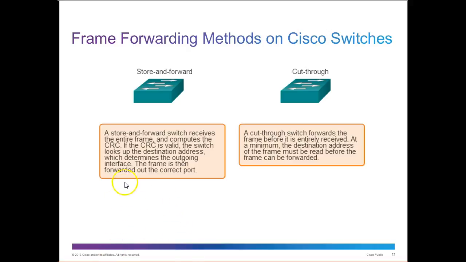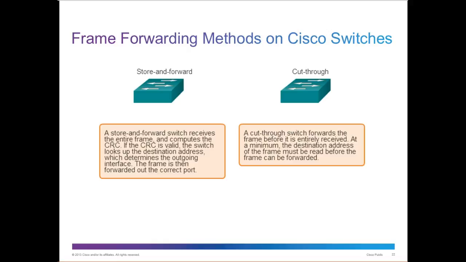That's the cyclic redundancy check, a little calculation at the end that lets it make sure the whole frame has been received, and that none of the frame has been lost to collisions or electromagnetic interference or something else along the way. We talked about that last week. So store and forward is very high reliability, but it's kind of slow.